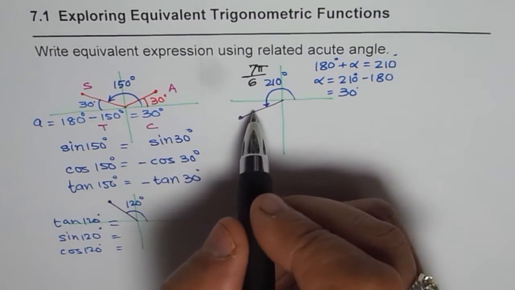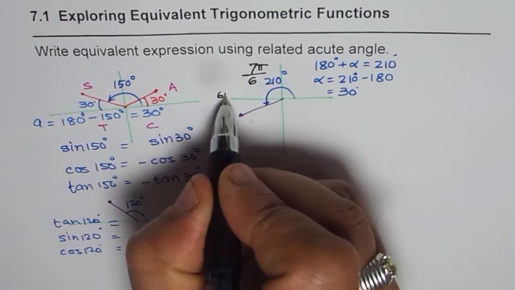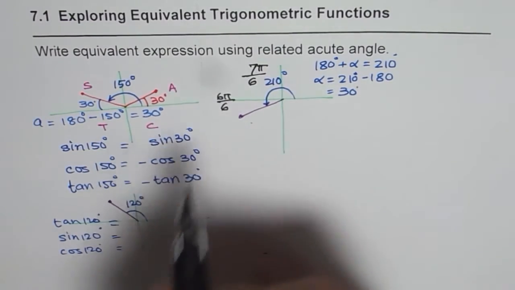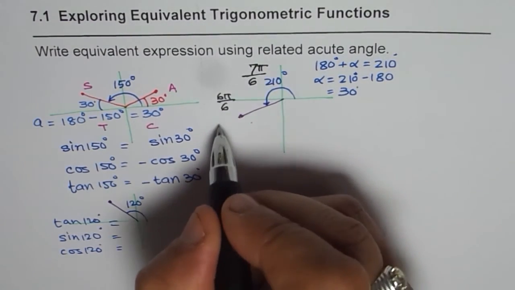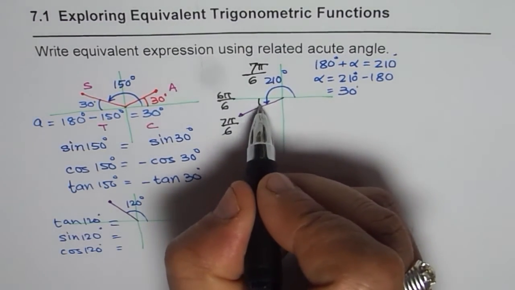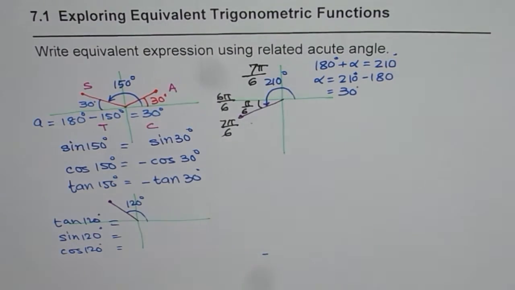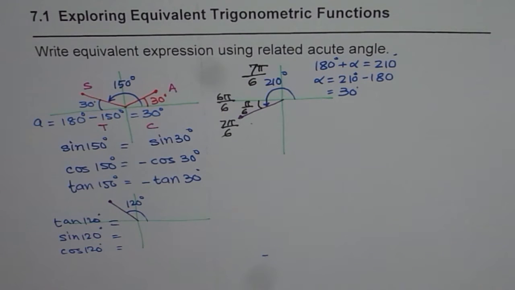Now to write the acute angle in radians, you could consider pi as 6 pi by 6. Do you see how easy it is? Now we know this position is 7 pi by 6, that is to say, the acute angle is pi by 6 more, right? So that is how in radians you can very easily calculate the related acute angle. It may sound difficult looking at fractions, but it is actually simpler.